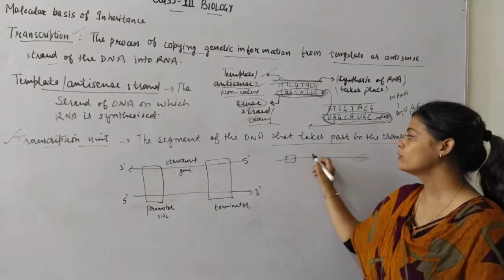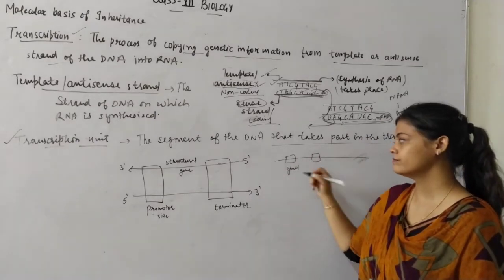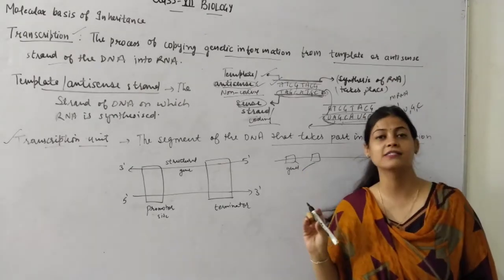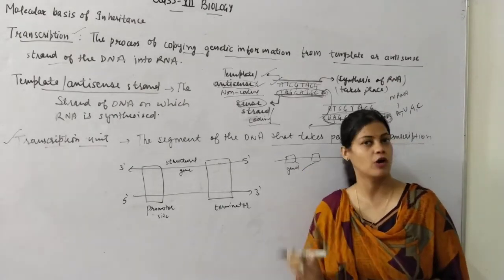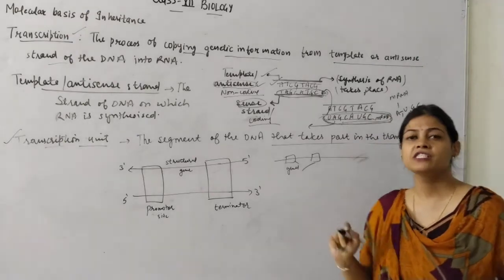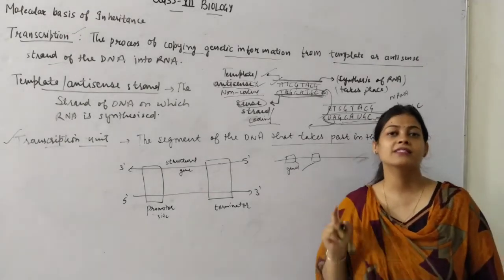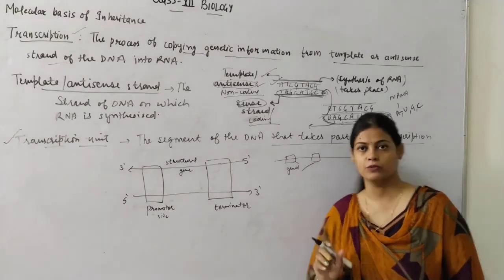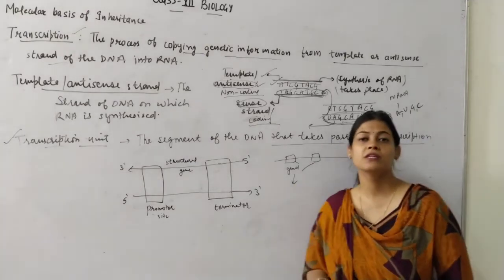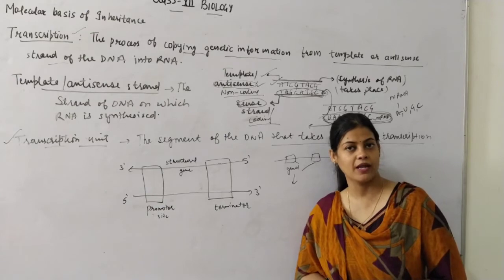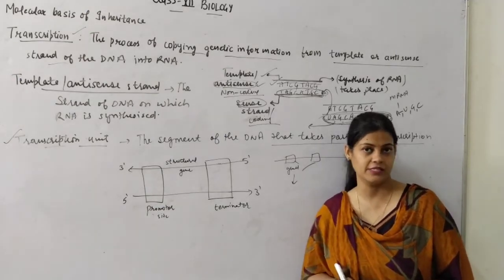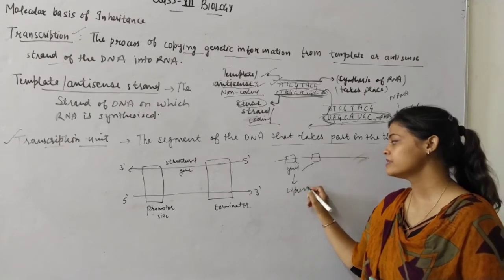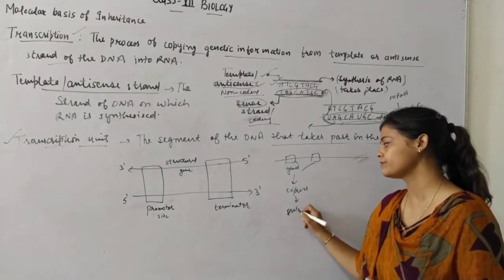Only a few, you know that over DNA there are genes present, because we have already discussed that a small unit of DNA is called gene. तो जो different genes present होती हैं इसके ऊपर, that is actually the main part of the DNA which will undergo transcription. Okay, because you know transcription is basically for the formation of mRNA which will further synthesize the proteins, and these genes can express themselves only by synthesizing the proteins.